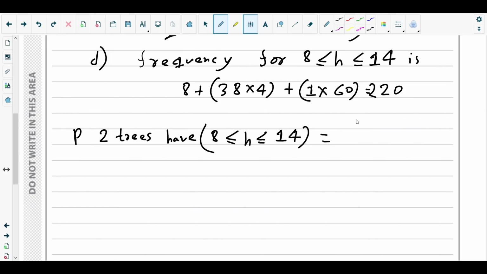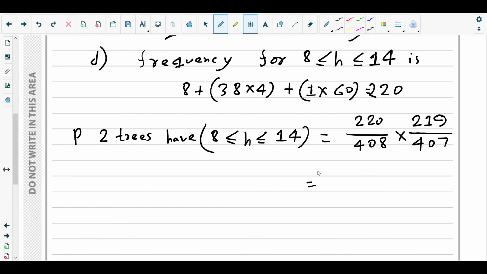On the first pick the probability of a tree being within that height is 220 over 408. Now one tree has already been picked from that height, so the frequency decreases by 1, that means 219. On the second pick it will be 219 over 407, since there is one less tree. Make sense? So 220 over 408 times 219 over 407.